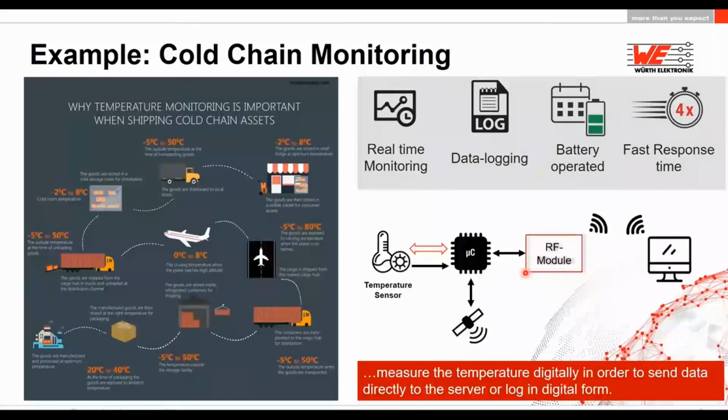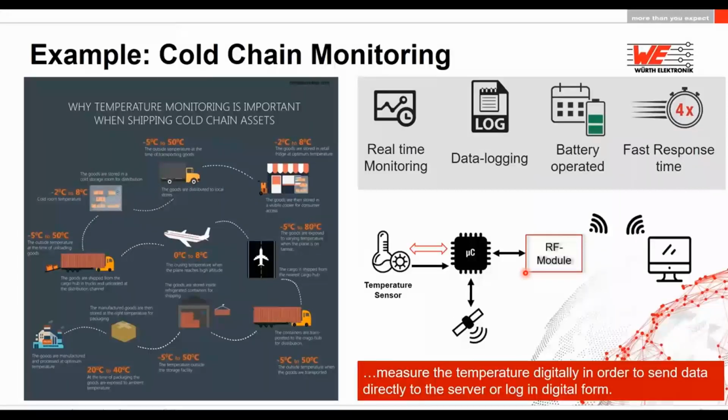Here is an example of how a complete system for cold chain monitoring could look. Here you have a temperature sensor which continuously monitors the food temperature, and then it sends the data to the microcontroller, which also has a GNSS module which can track your location.